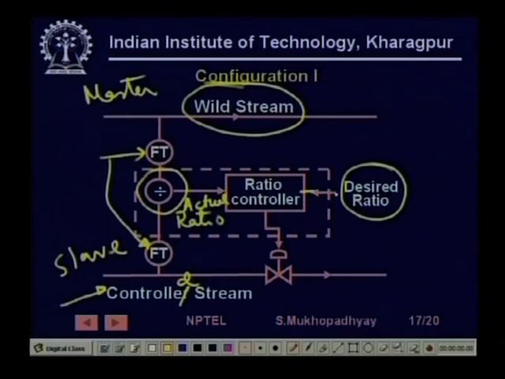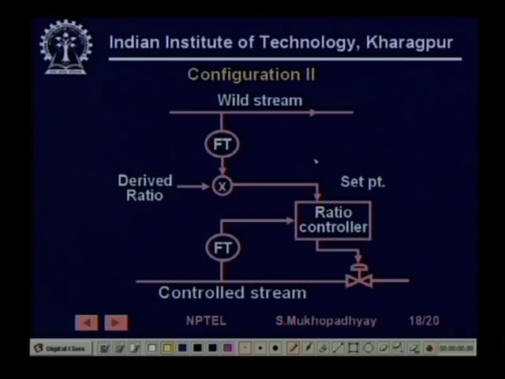This is one input, this is another input, and this ratio controller gives its output to the valve, so that the controlled stream is increased or decreased such that the ratio is maintained. In this way you can maintain the ratio.